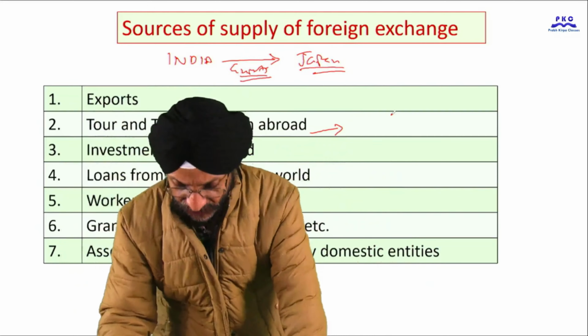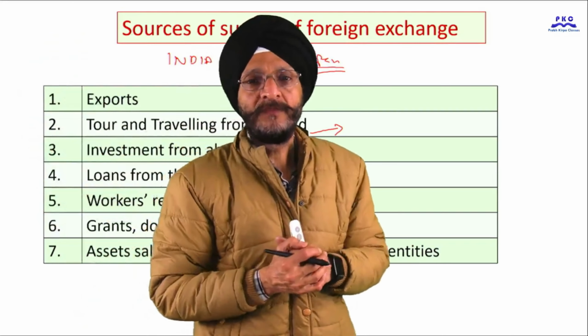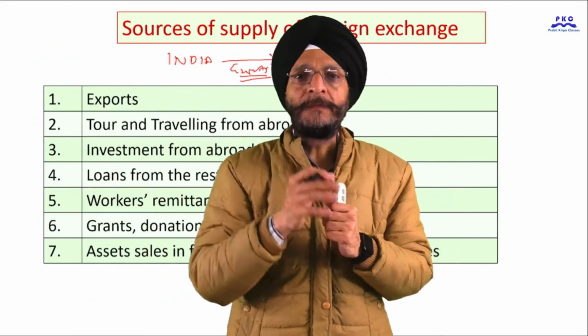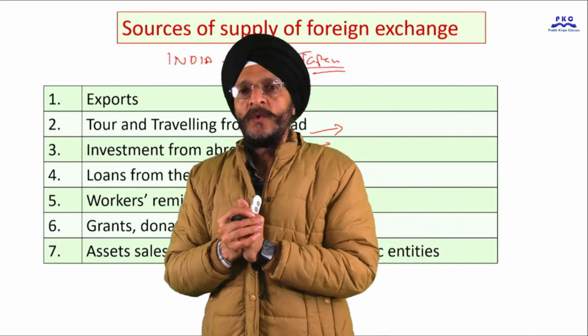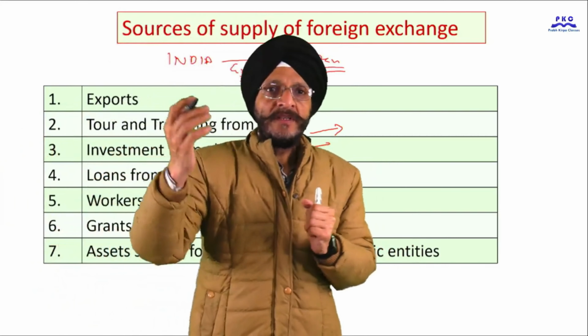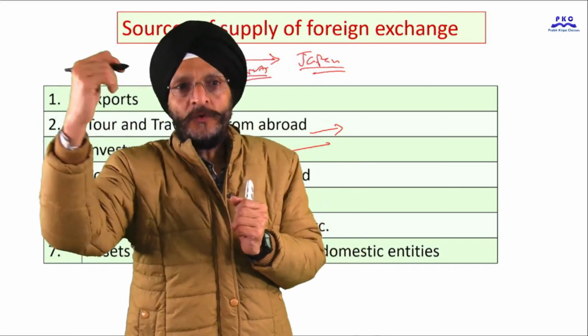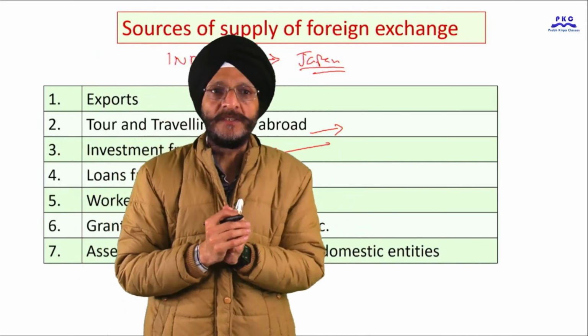When foreigners make investments in our country to purchase buildings, industries, or some other land, then foreign currency or foreign exchange comes into our country. This is a source of supply of foreign exchange.